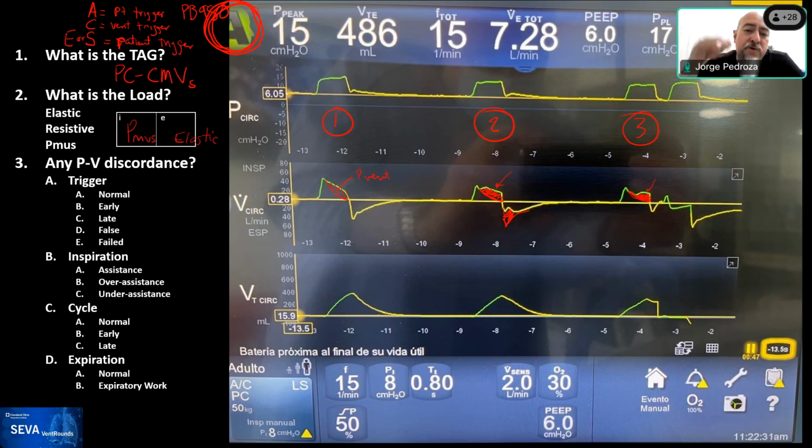But unfortunately, this is not related. You should be watching the ventilator to see what the curve is and what the ventilator says, because this A doesn't relate to the curves we are seeing here.